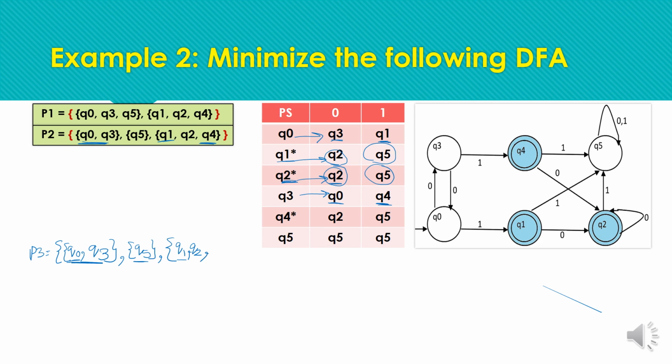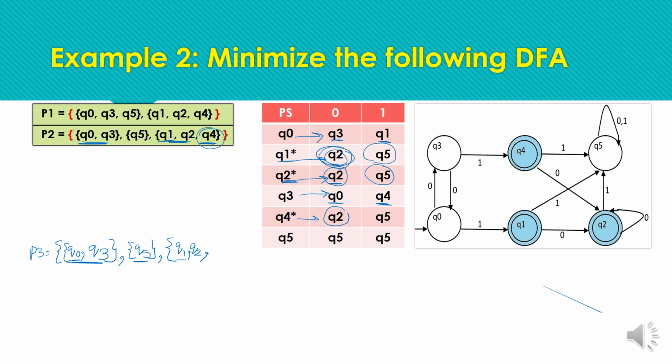Next let's check the compatibility of the remaining state Q4 with the other two elements, Q2 and Q1. So we are checking with Q1. From Q4 we are moving to the state Q2, and from Q1 we are moving to the same state Q2.